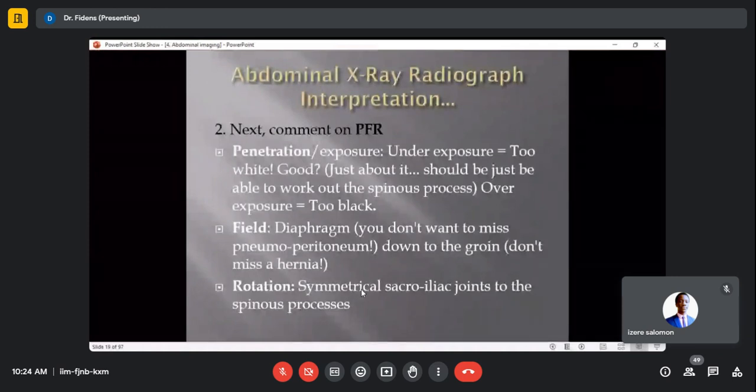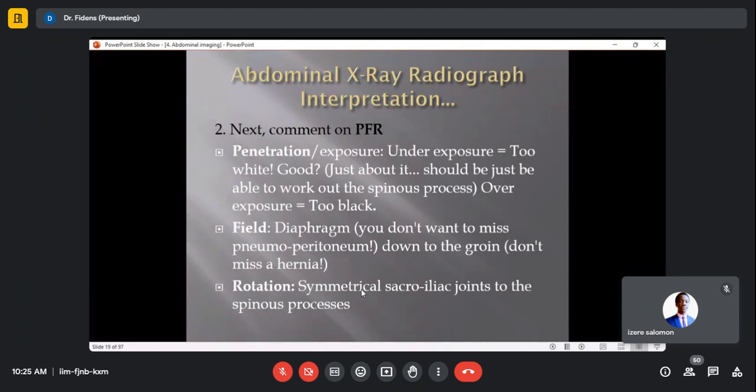If it is under-penetrated, it changes the quality. Under exposure, too white; over, too black. Okay, remember. Now, for plain abdominal X-ray, penetration is checked by looking at the spine.